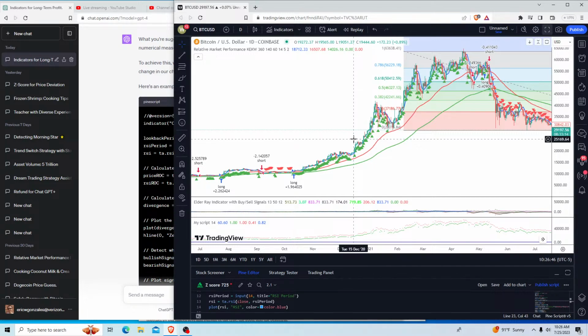But what if we want to know the direction? Then we take the velocity or the slope of the moving average, the instantaneous rate of change. The instantaneous rate of change of the price or the moving average.